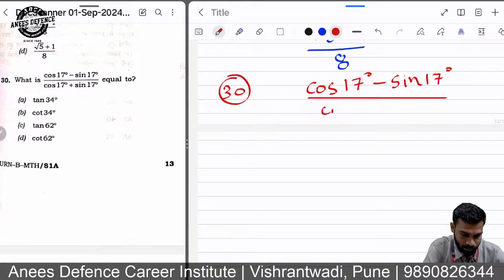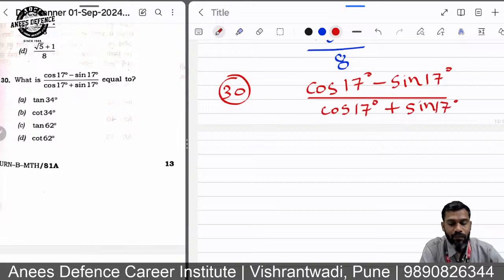So this can be written as tan 45 minus 17, which will be tan 28 degree.